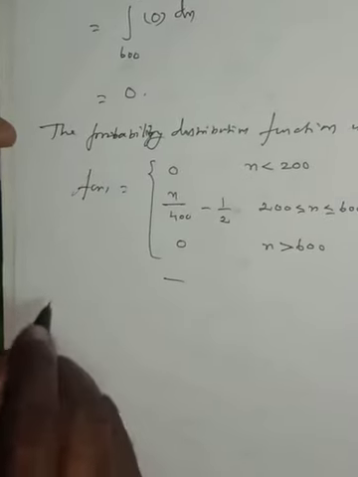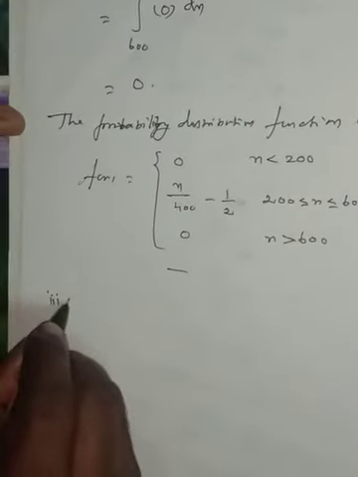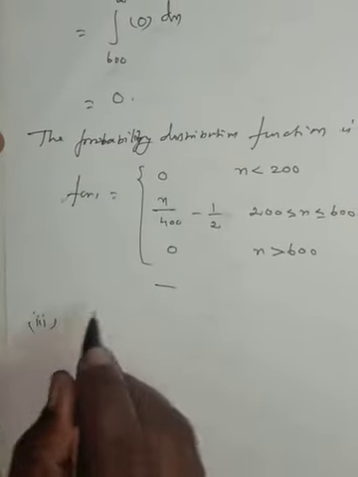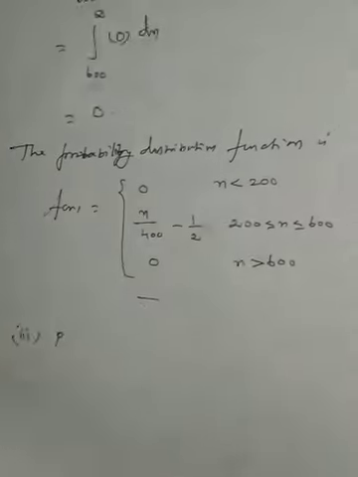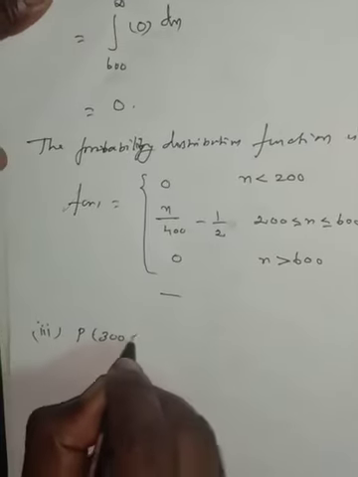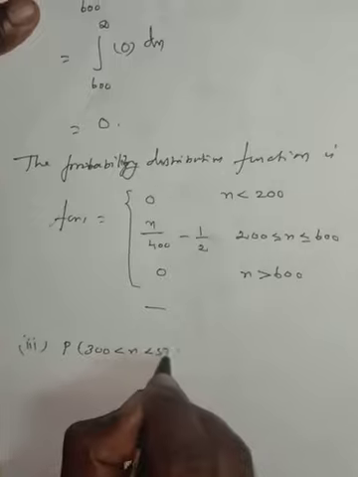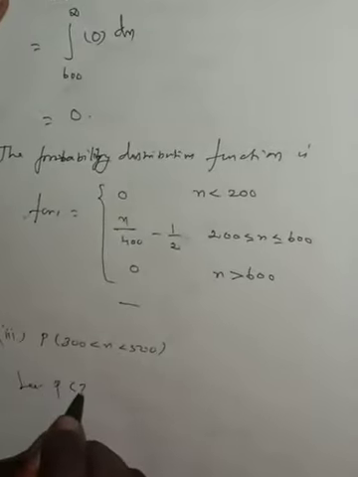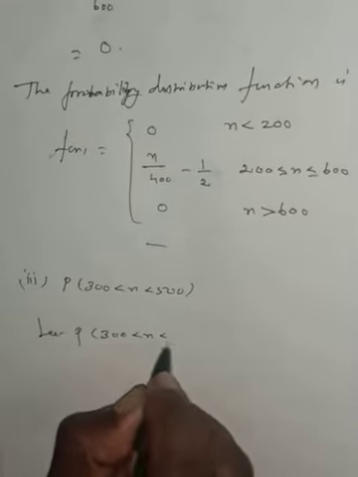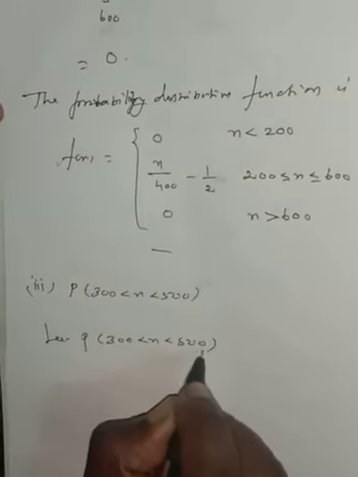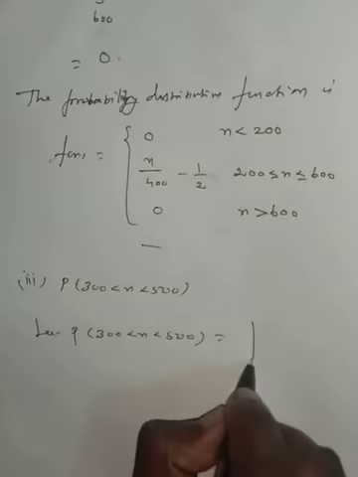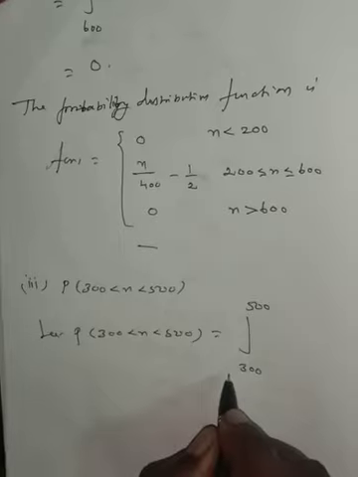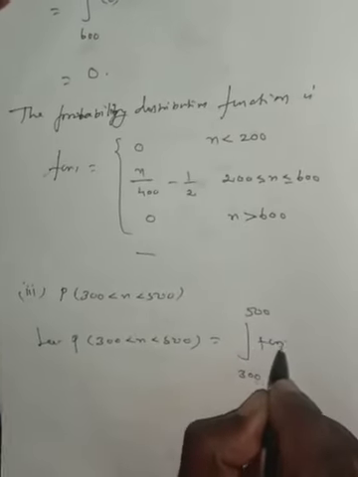Next, subdivision number 3. Probability of 300 less than x less than 500 is equal to the integral, upper limit 500, lower limit 300, of f of x dx.